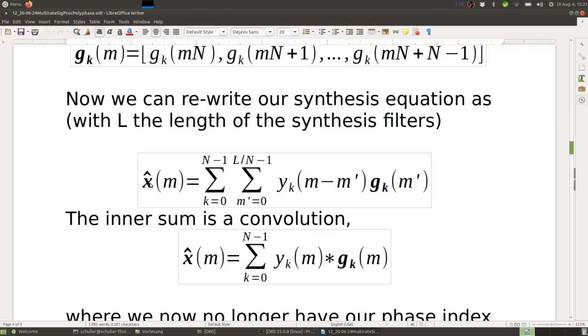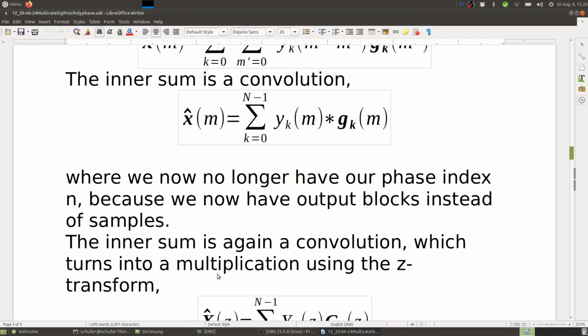And here we get N samples as the result. Yeah, and this inner sum is basically again a convolution, as you can see here. So you can see the sum over m prime. Here this m prime goes down, here this m prime goes up, and that's basically a convolution that you can see here. Right, and you add up those N subbands and you get x hat, the reconstructed signal.